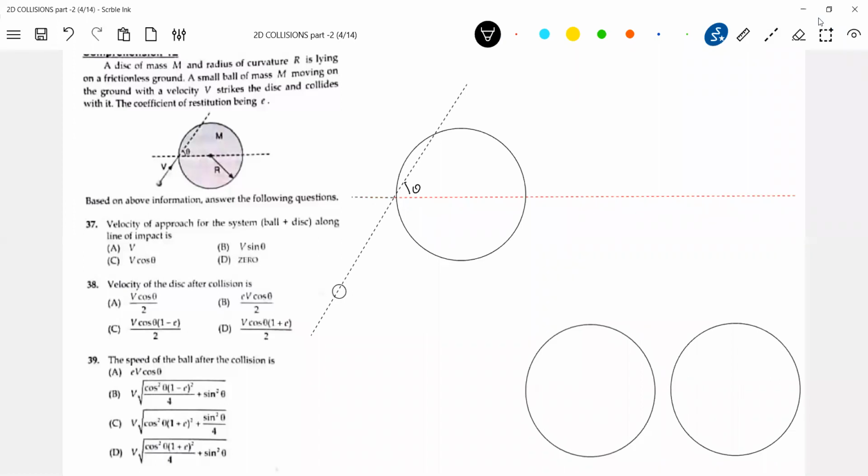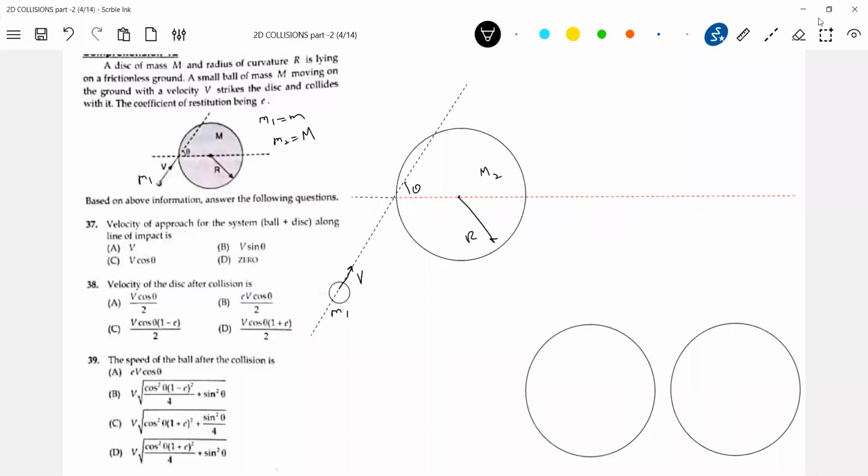Show it like this, instead of a particle, it'll be easy for you to write the equation. So it is approaching with a velocity v. This I'll call m1. I'm changing the symbol. There's a radius r.